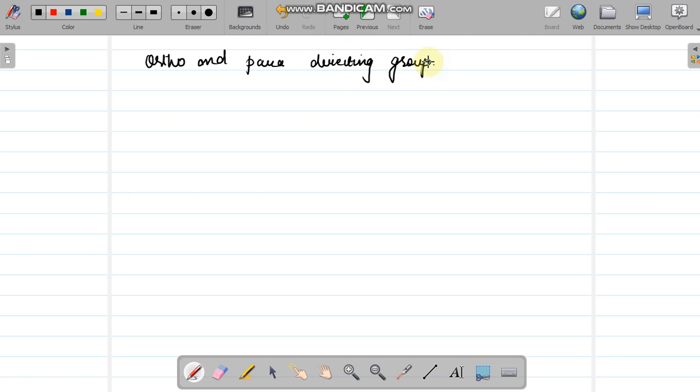Let us discuss it with an example: the OH group, the phenolic group. Now, if you look at the resonance structure, what is it going to be?